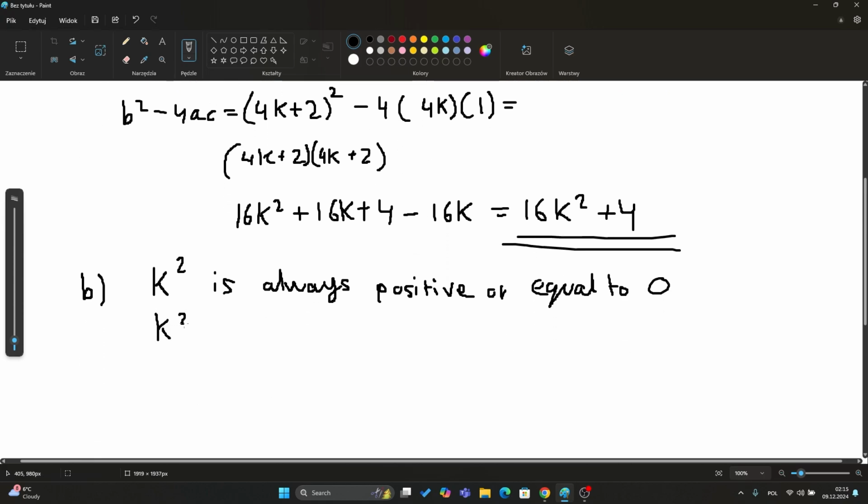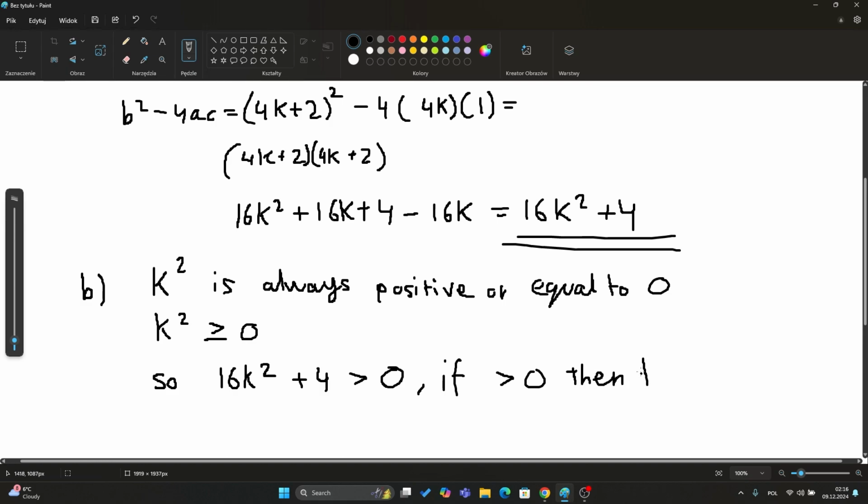So k squared is greater than or equal to 0. So that means that 16k squared plus 4 will be greater than 0, because if the smallest value of k squared is 0, then we have 4 which is greater than 0. And if it's greater than 0, then two distinct real roots.